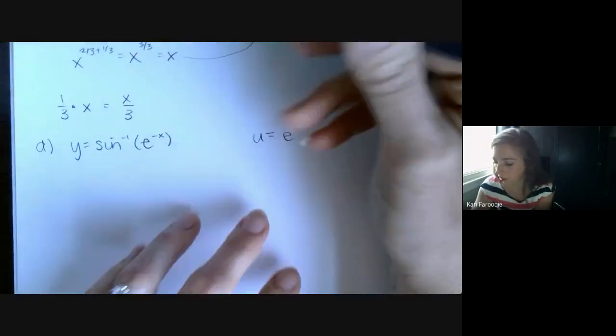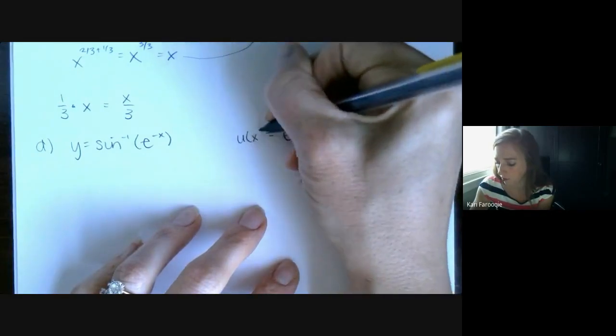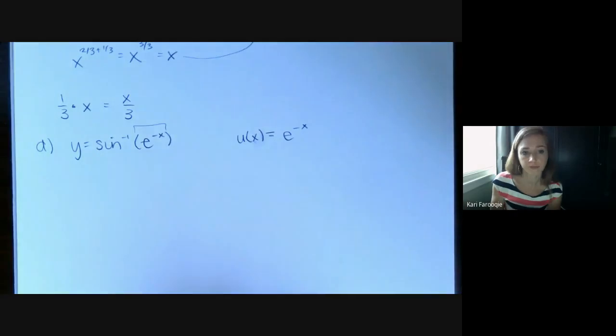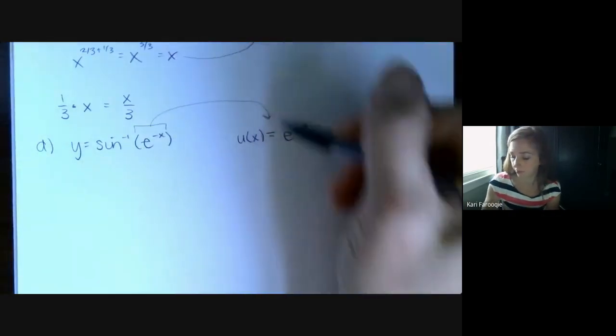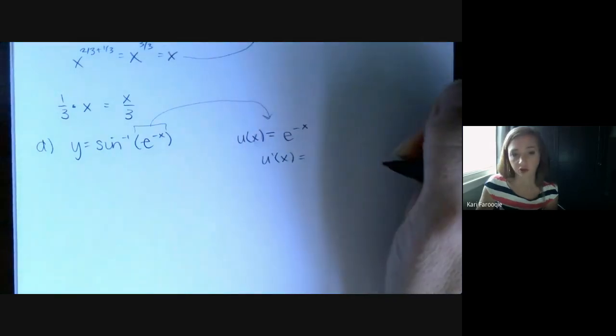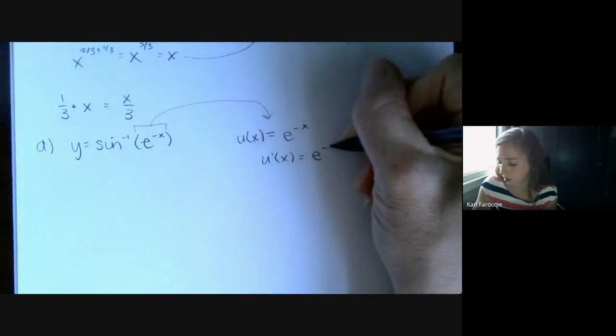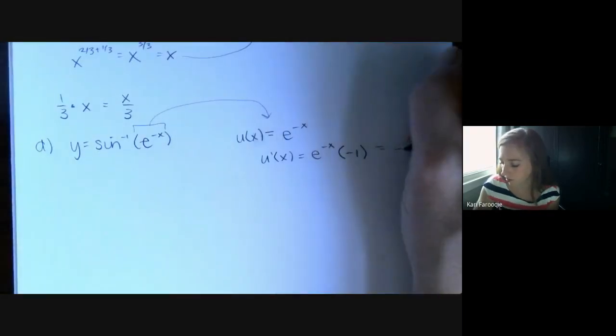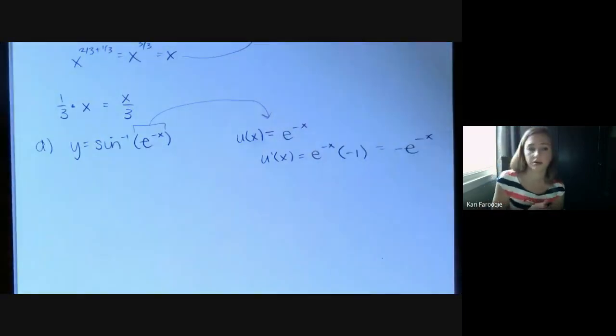I should probably call it u of x just to match what we've done in the formulas. So that's your inside function. And then u prime is going to use the chain rule. So it's e to the -x times the derivative of the inside function. So it's -e to the -x.